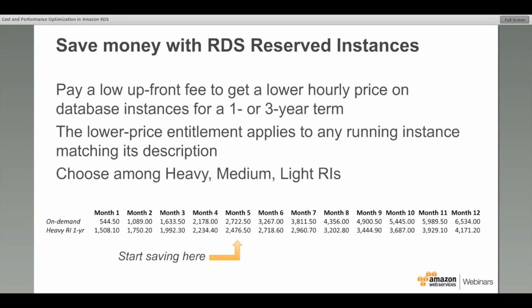But once that testing period is over and you decide to move your application to RDS as the database engine behind it, you'll find that within just a short period of time, it makes more sense to move to at least a 1 year reserved instance pricing at a minimum, if not a 3 year, to receive a significant discount.